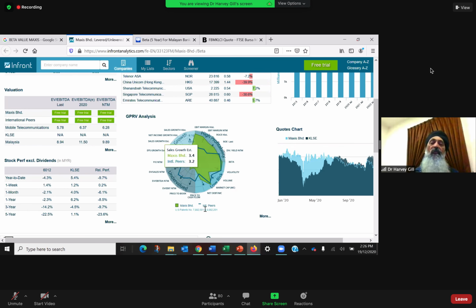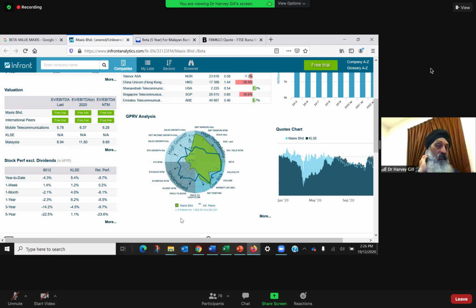But if you look at this graph overall, what it does tell us is, okay, Maxis is very strong on profitability, good profits with low risk. In terms of growth, there's no telling, but international peers seem to have a greater push towards high growth. And in terms of valuation, most are fairly valued because this side would be undervaluation.